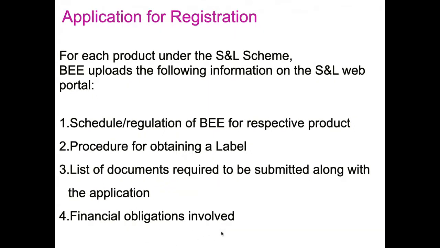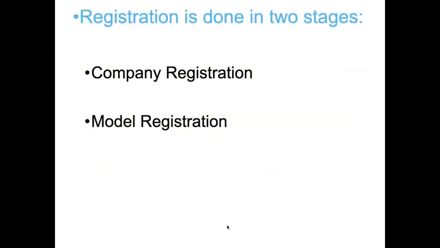Financial obligations are also involved here, right? An applicant is required to apply online through the standards and labeling web portal, and subsequently submit a hard copy of the application along with the supporting documents to BEE as well.